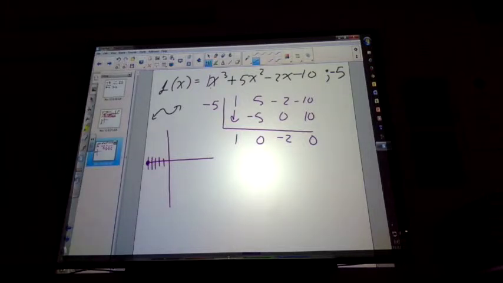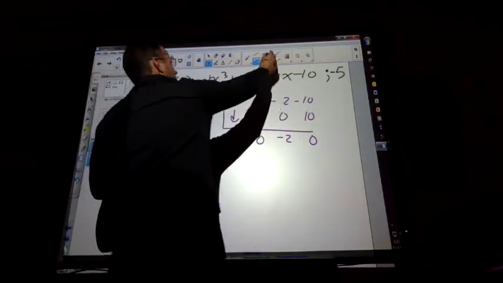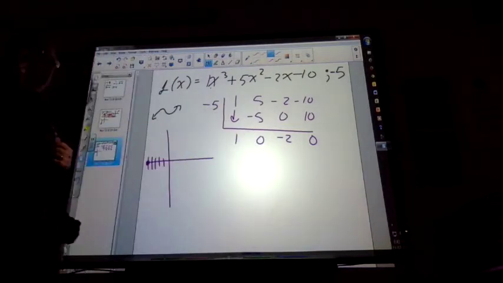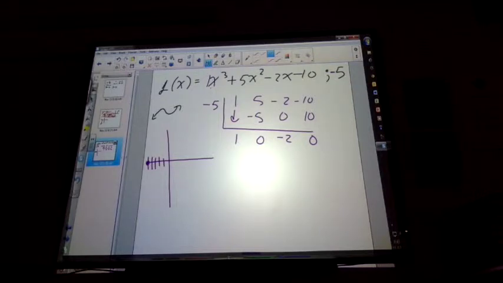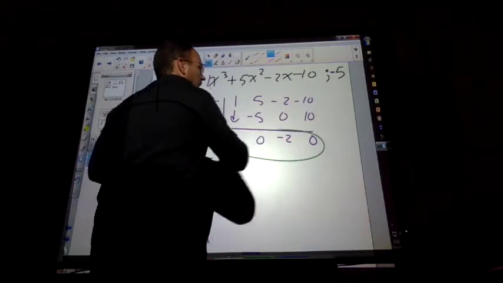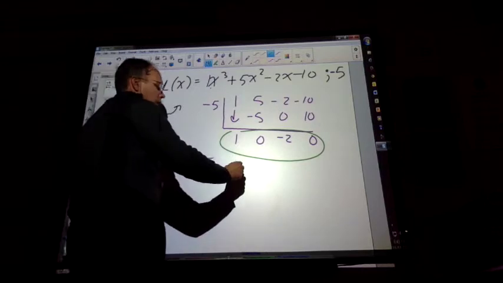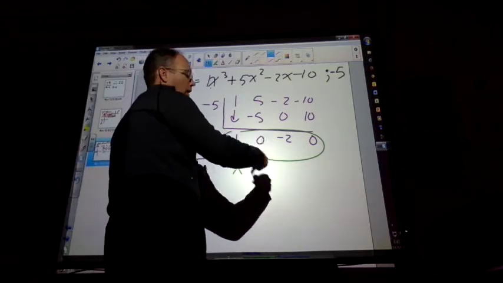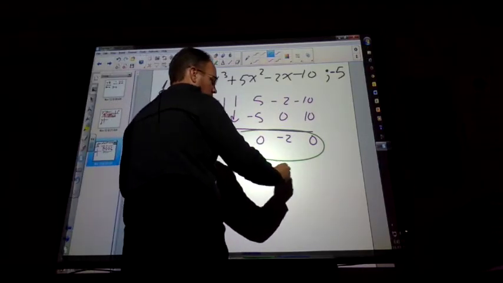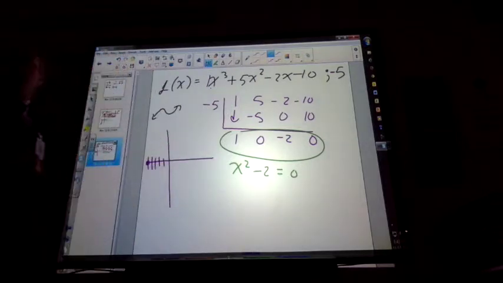If I wanted to solve for the other zeros, I'm going to plug my x's back in. So if I plug my x's back in, what does this equation become? X squared plus 0x, I don't have to put that, minus 2 is equal to 0. Can you solve that?